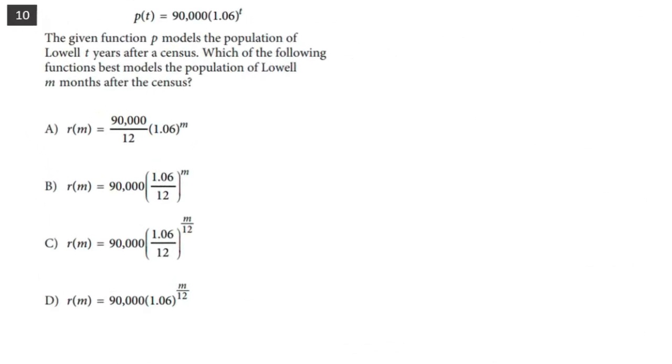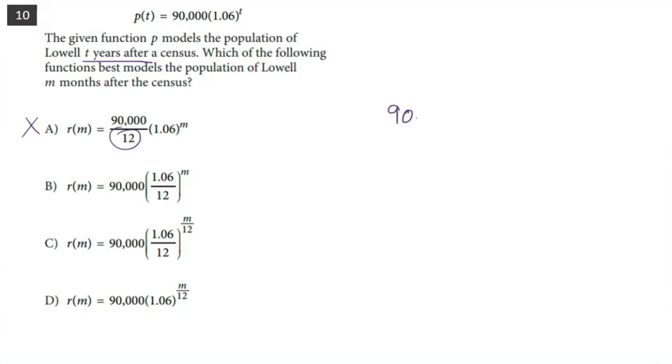Problem 10, P of t equals 90,000 times 1.06 to the power of t. An exponential gain function. The given function P models the population of Lowell t years after the census. So t is in years. Which of the following functions best models the population of Lowell m months after the census? Okay, so we need to look at the functions. So A is definitely incorrect. Nothing to do with this 12 here.